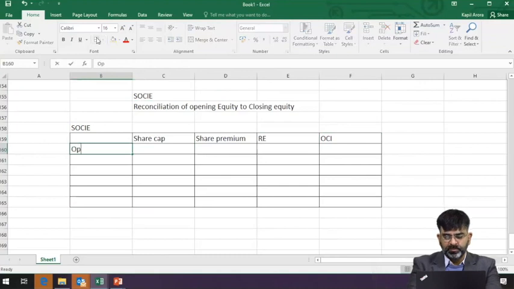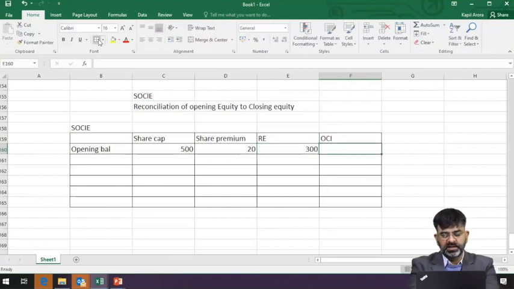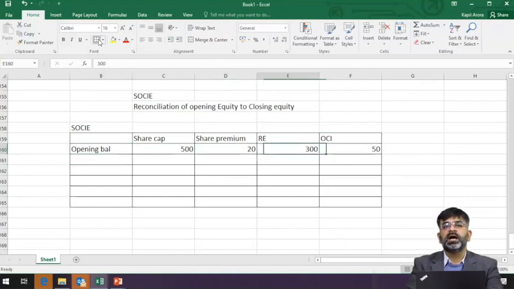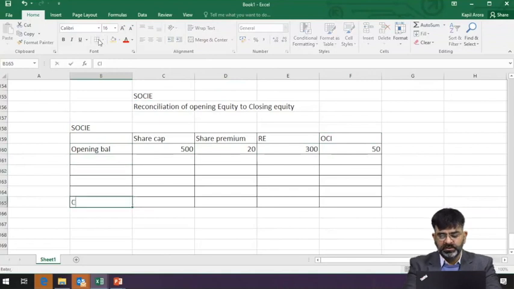So let's assume I have opening balance of 500 here, 20 here, retained earning 300 here, OCI 50 here. Now the opening balance is given to me. I need to find out what the changes are and how we have arrived at the closing balance.